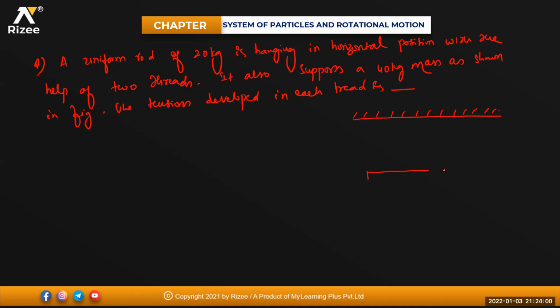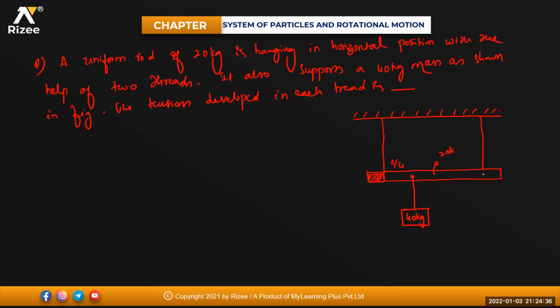Somewhere here we are having a rod. And here a weight has been attached. This one is your 40 kg. This distance is a distance of L by 4 from one end. And the uniform rod, weight of this one is your 20 kg. The rod is from this one end, and the other one is another end.